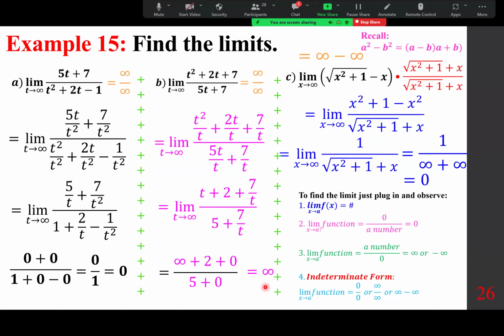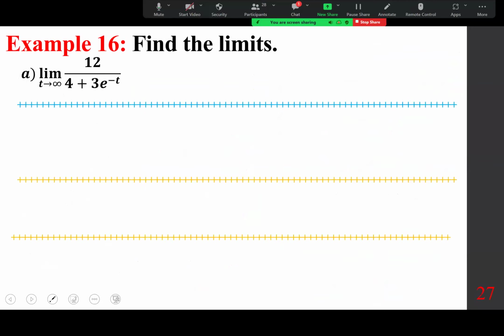All right, we want to find the limits here, and simply put, plug in e to the power of negative t, so negative infinity, that is 0. The reason is, I'm going to remind you, a to the power of minus m is 1 over a to the power of m. This is one of those negative exponential rules.